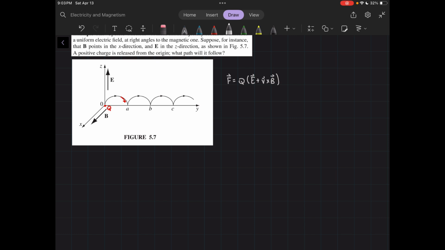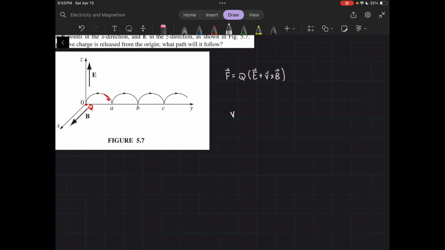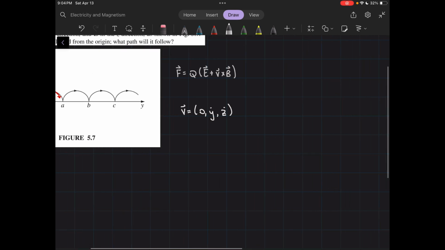So at any point, the velocity is going to be v equals none in the x direction, y dot, that's just the time derivative of the y position, z dot. So then we can say the v cross b is equal to the determinant with x hat, y hat, z hat.